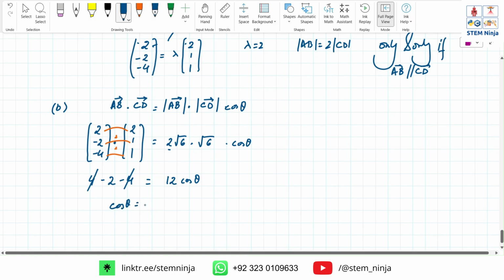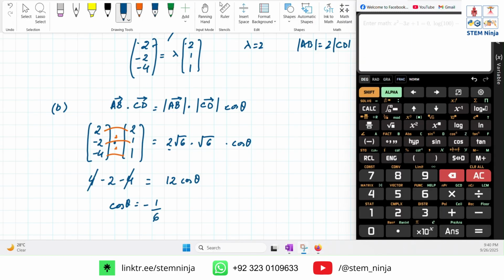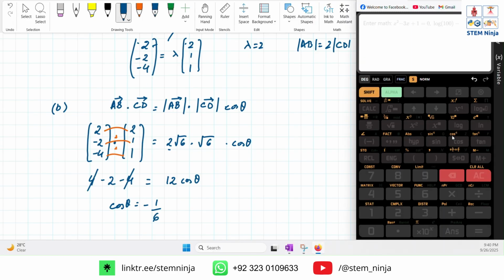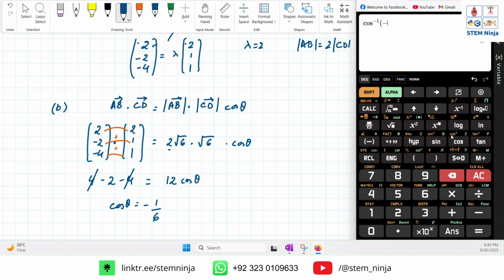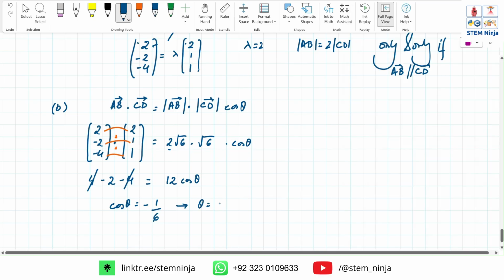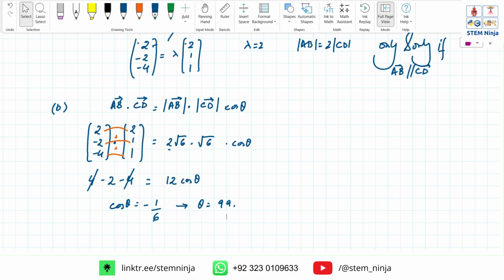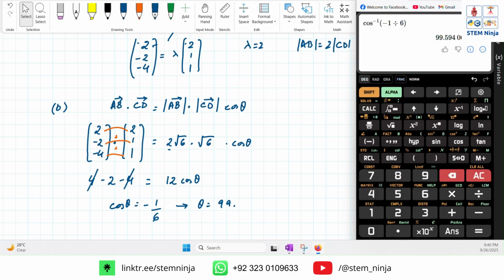Cos theta would be minus 1 over 6. So let's do cos inverse of minus 1 divided by 6. We get 99.594.